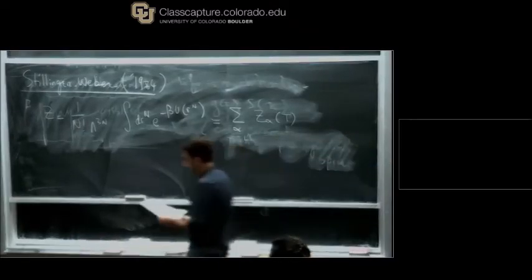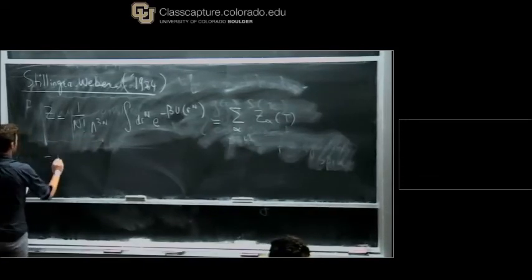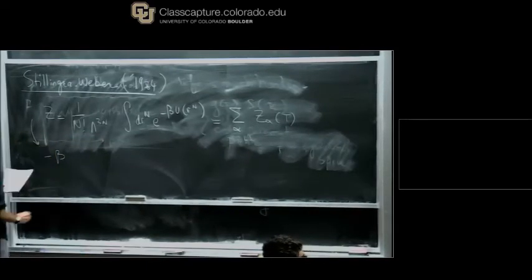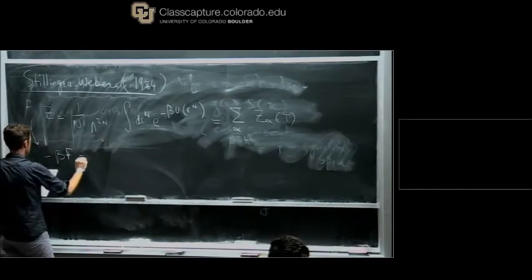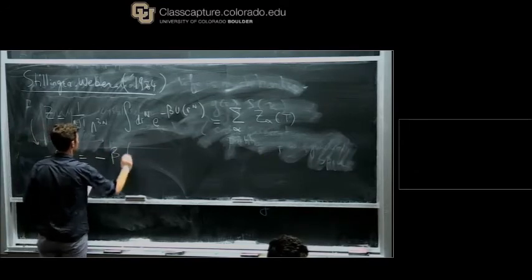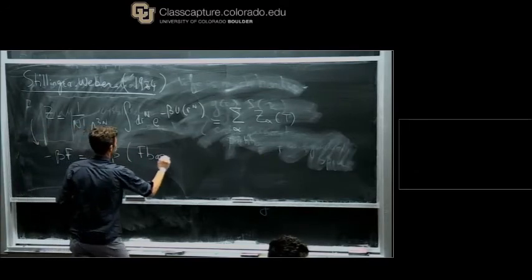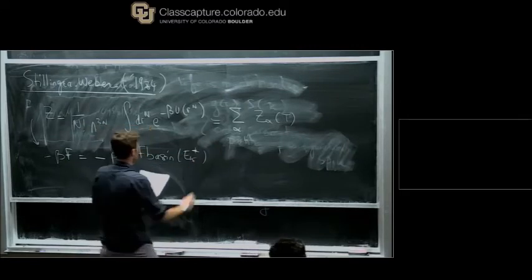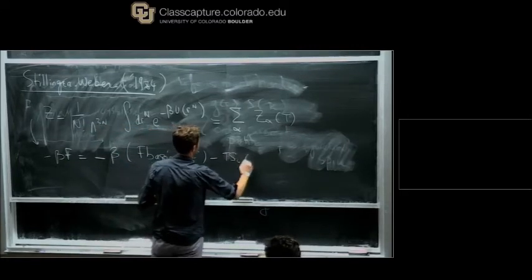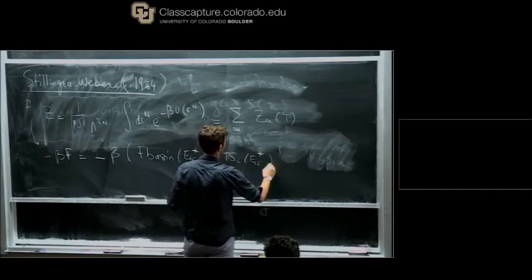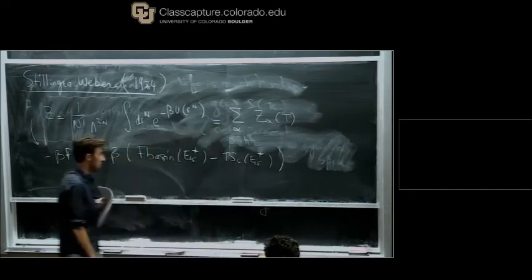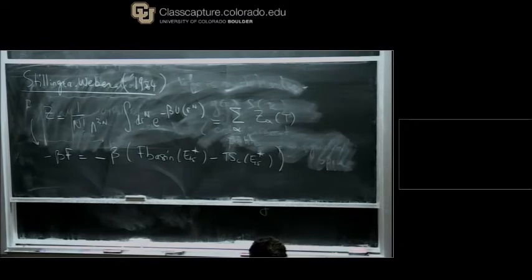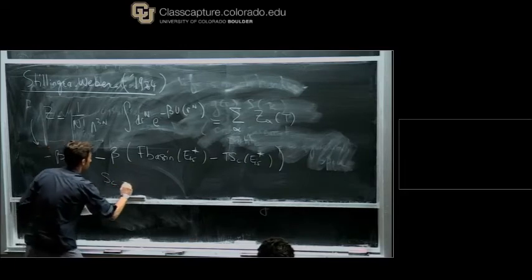Okay, so finally we get that by this partition the free energy is minus beta times F_basin taken at the saddle point minus T S_c taken at the saddle point. So we have an estimate of the free energy, so we can extract the entropy, and we can extract the configurational entropy.